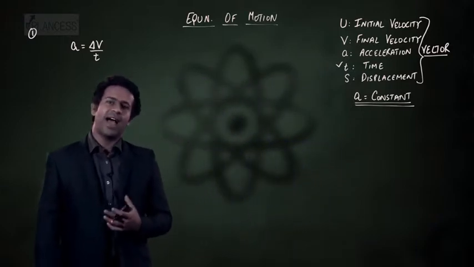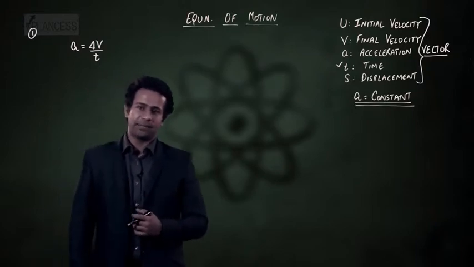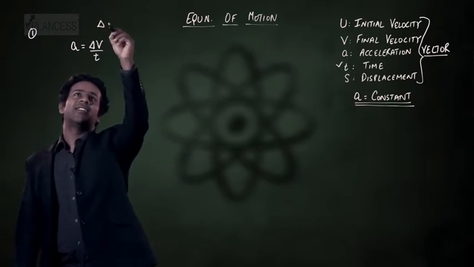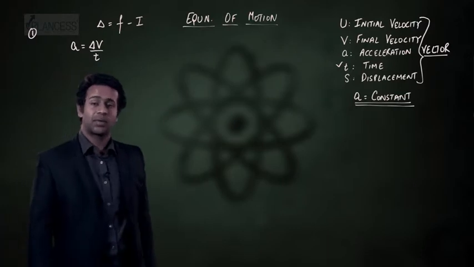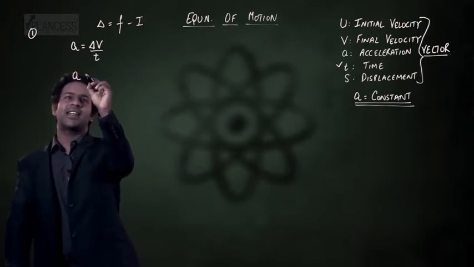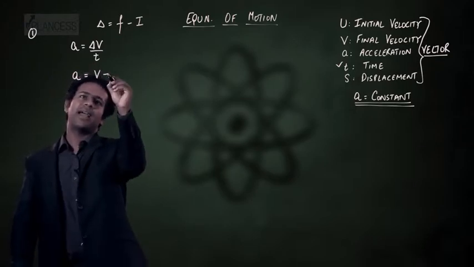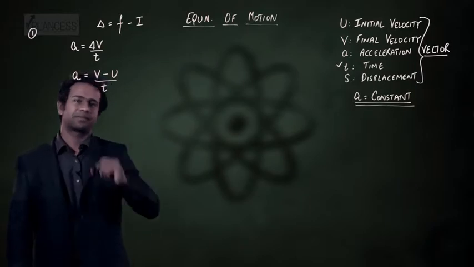We know that acceleration is defined as change in velocity by the time. And we have already seen that change in any quantity is defined as the final value minus the initial value. So by the very definition, acceleration is equal to the final velocity minus the initial velocity divided by time.